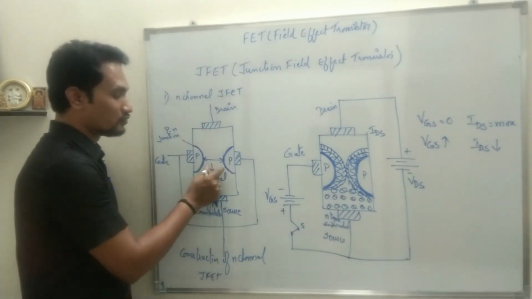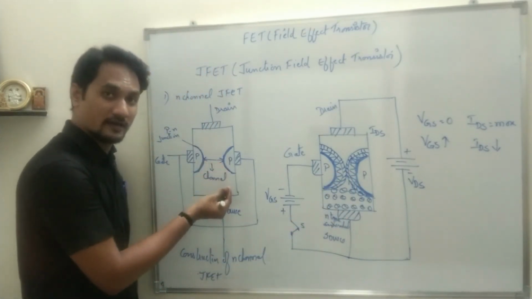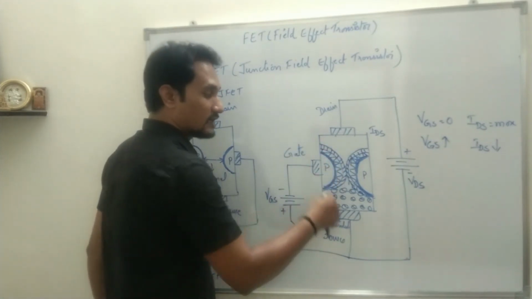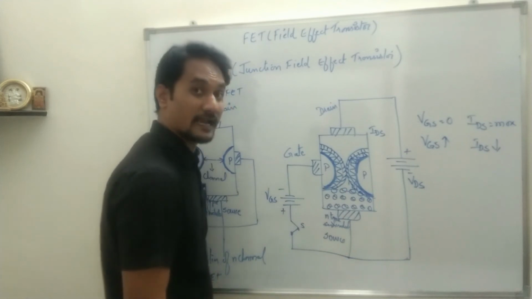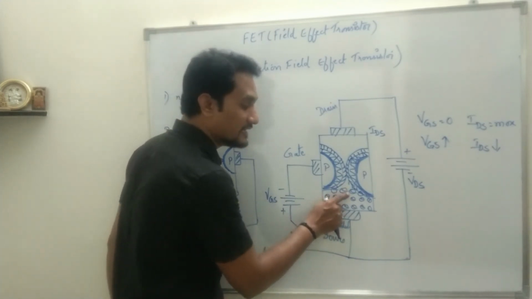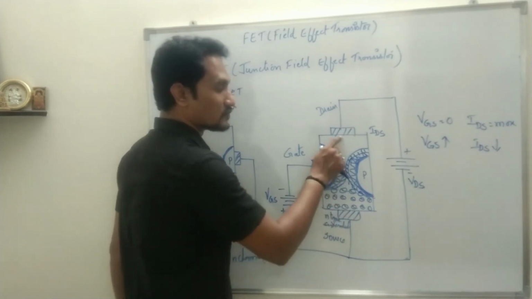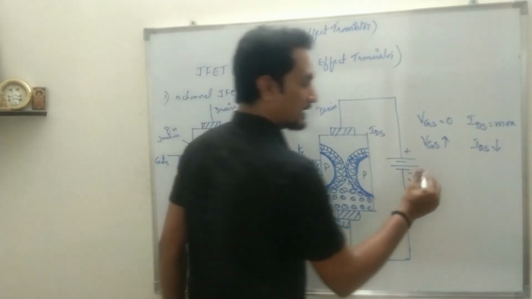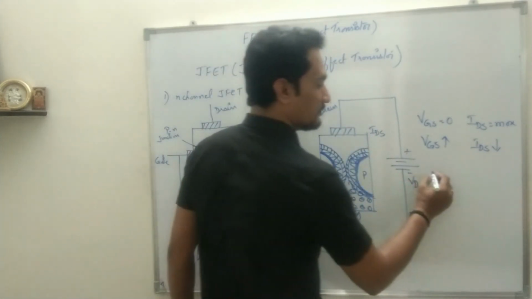What you can see is that the channel has disappeared, now there is no channel at all. That means the circuit will provide high resistance. High resistance means there is no room for electrons to move from source to drain, right? So the depletion layer width will be maximum.